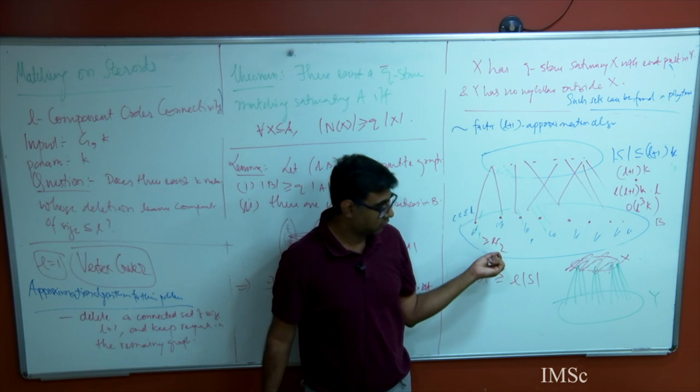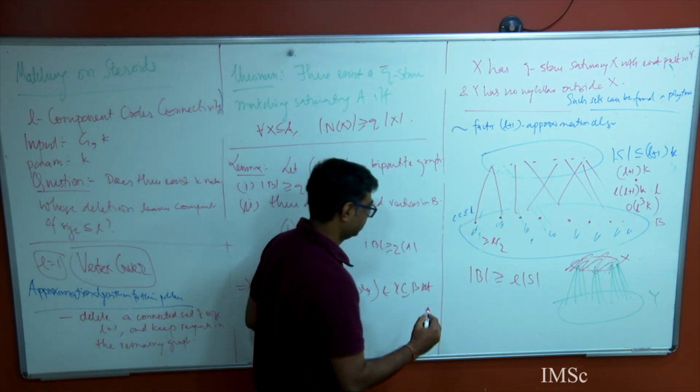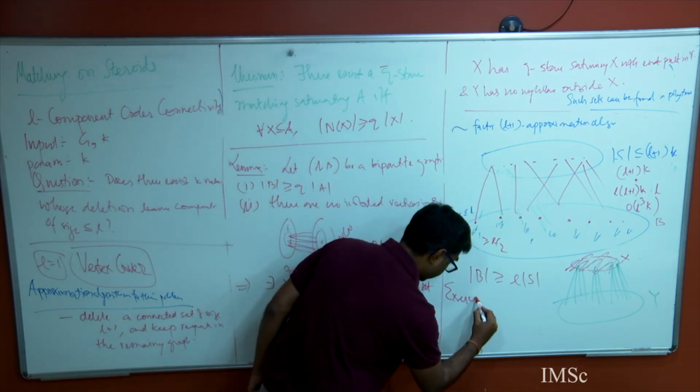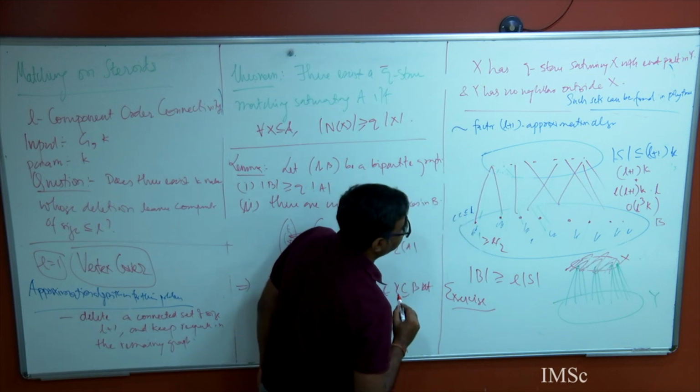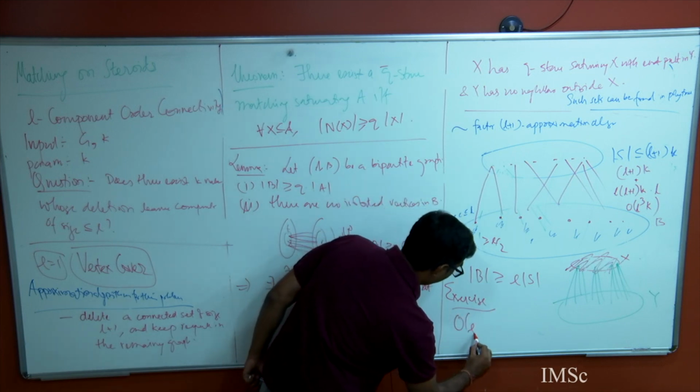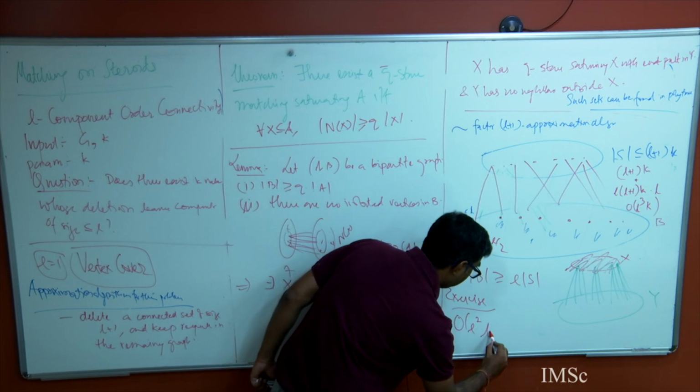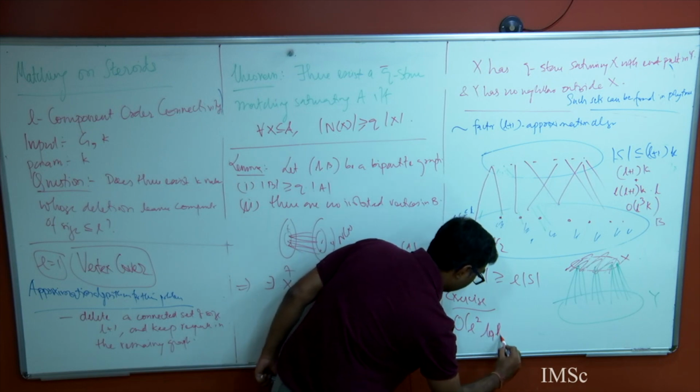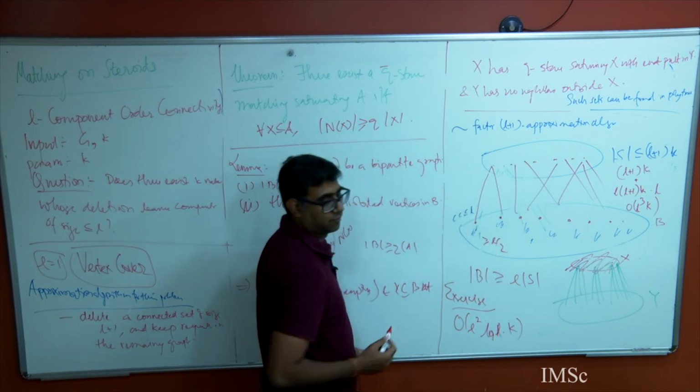So here is an exercise for you. Order L square log L times k kernel, you get it from here.